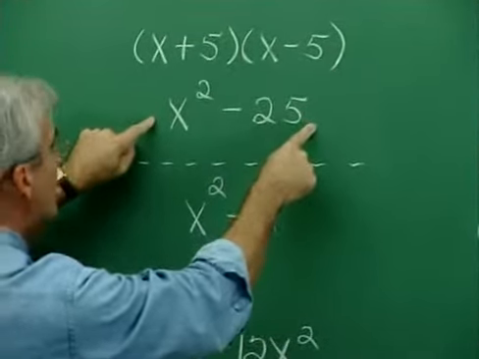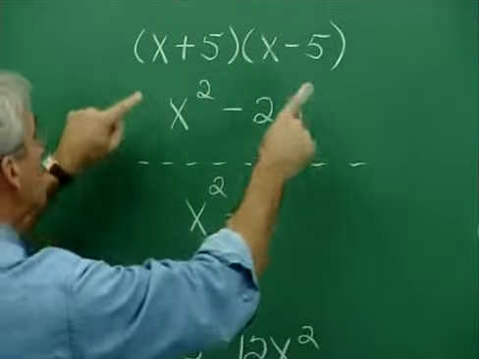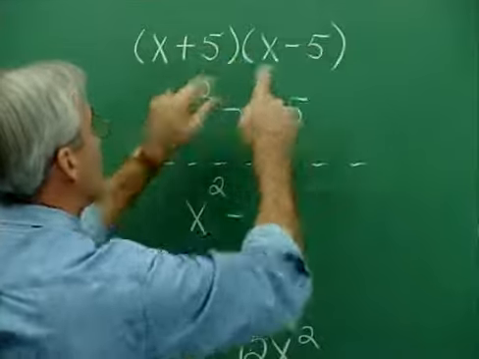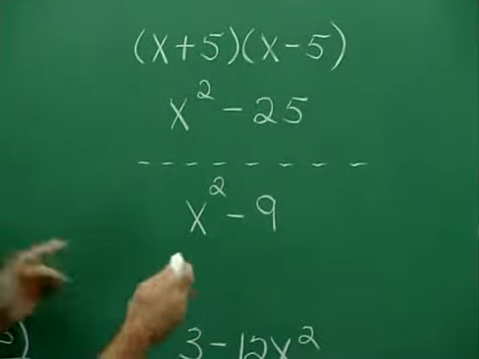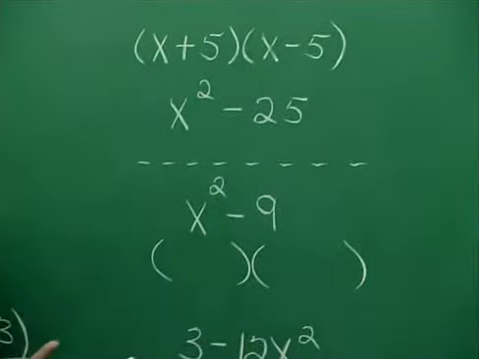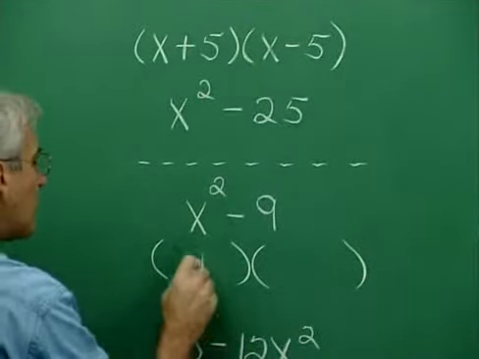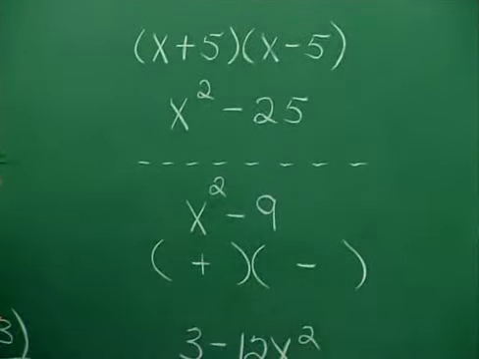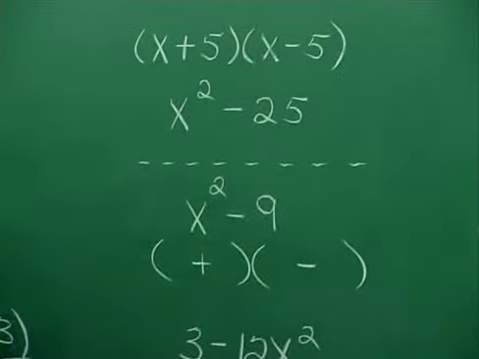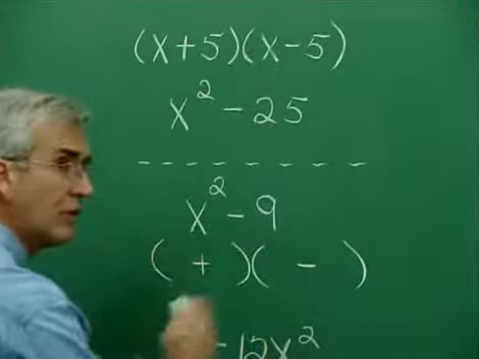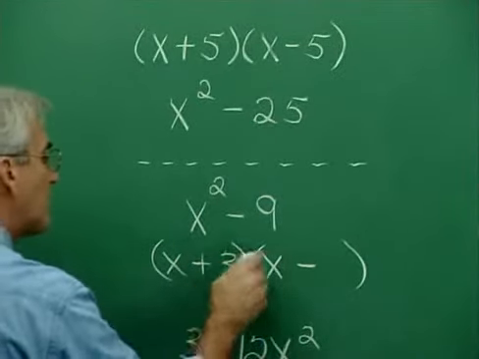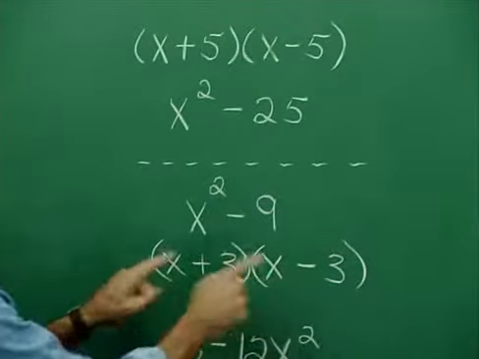So it makes sense that when we're faced with factoring the difference of 2 squares, they're going to factor into the sum of terms times the difference of 2 terms. So if we have x squared minus 9, we factor into the product of 2 binomials. One of them has a plus sign in it, the other minus. And we just ask ourselves, what is being squared to give each of the 2 terms? And we're identifying the items that are in the 2 binomials. x times x to give x squared, 3 times 3 to give 9, and the signs are different, and we're all done.